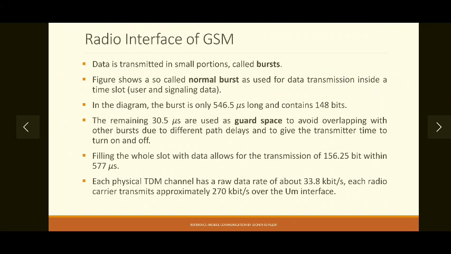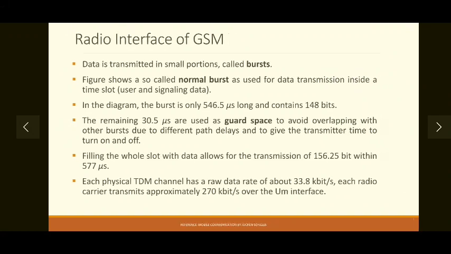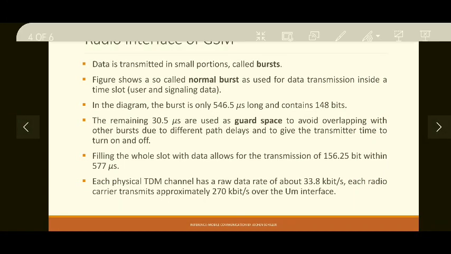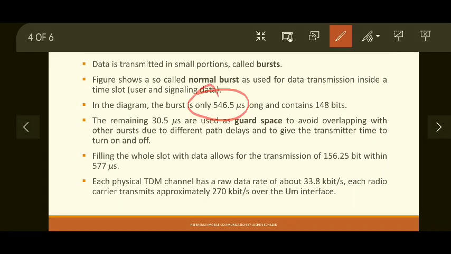In the diagram, the burst is only 546.5 microseconds, as I said, which contains 148 bits. The remaining 30.5 microseconds are used as guard space to avoid overlapping with other bursts, that is with other users, to account for different path delays and to give the transmitter time to turn on and turn off.